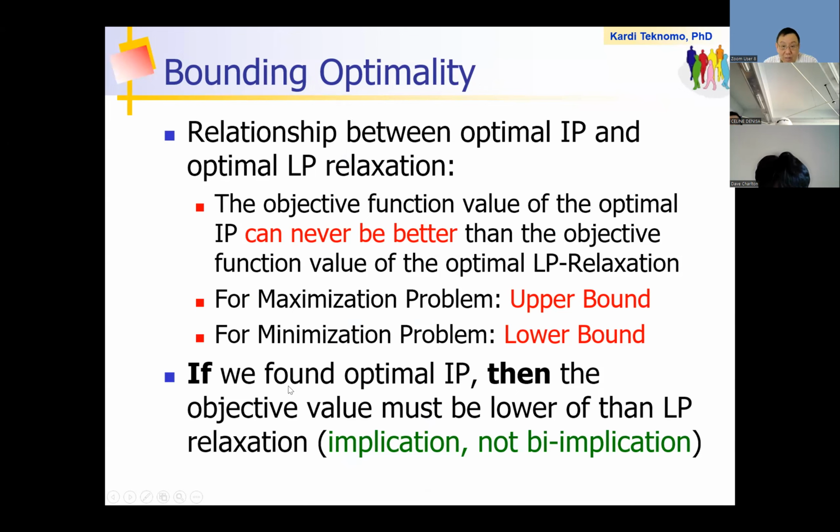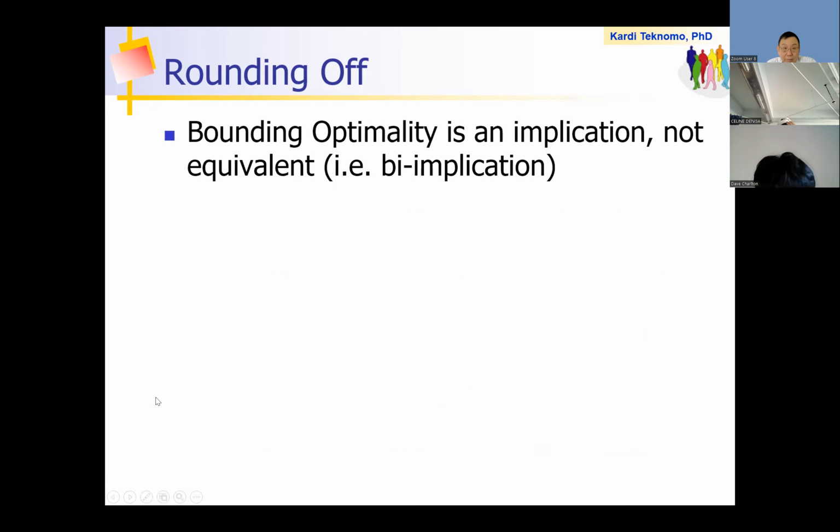So that means if we found an optimal IP, then the objective value must be lower than the LP relaxation. So this is an implication. So we can round off.